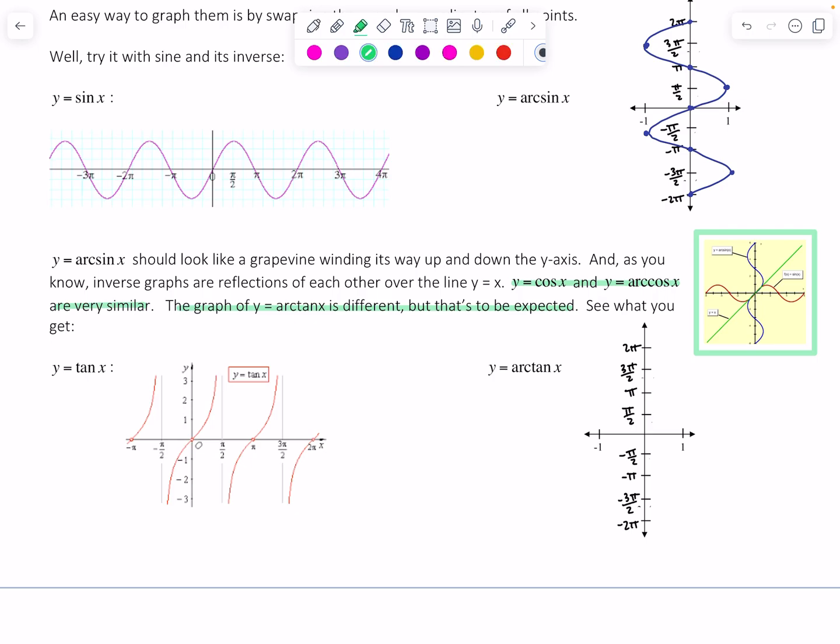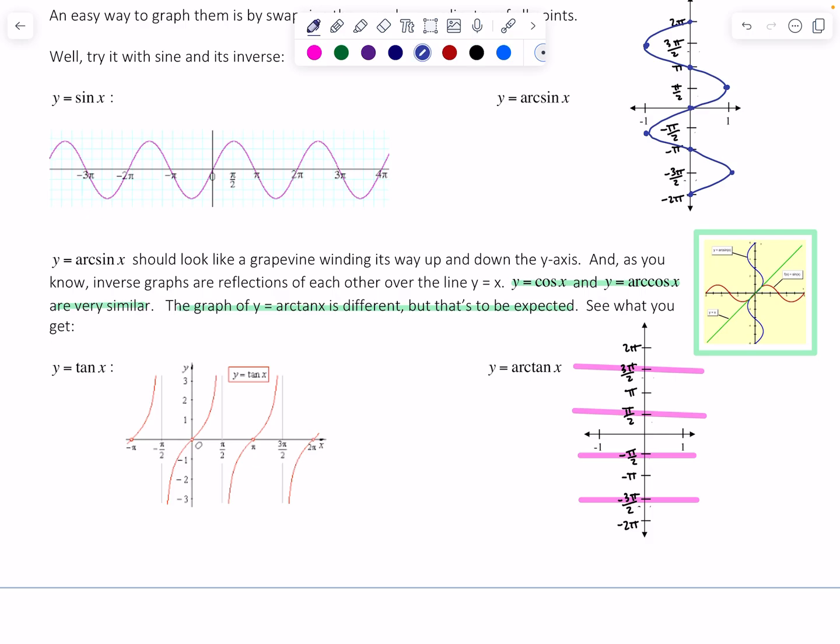So on these, it's of course easy to start with some asymptotes here. Let's use our pink for our asymptotes. So we know that there are going to be asymptotes at pi over 2 and negative pi over 2, and also at negative 3 pi over 2 and 3 pi over 2. Those are where those asymptotes are going to happen.